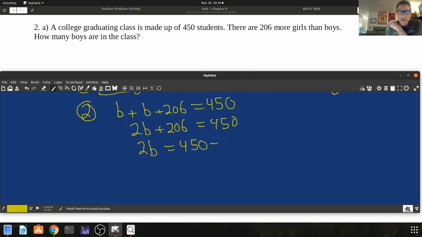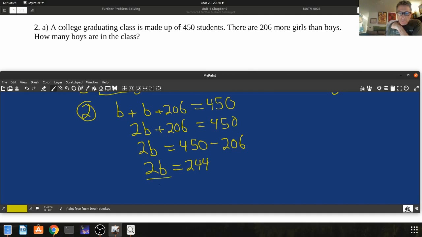Now I know that's going to be an even number, which is good because when I divide it by 2, I'm going to get the number of boys. And 450 minus 206 is 244. So 2B is 244.